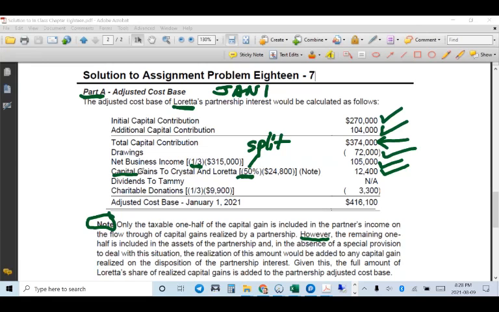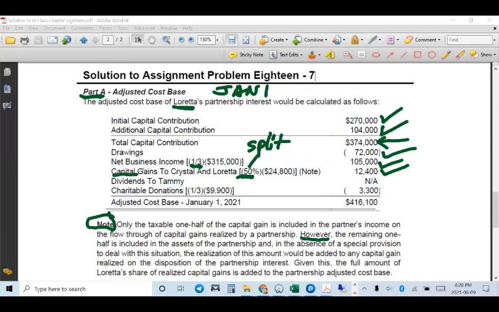We're only doing the split. Now, again, this is creating her cost base. So this is going to reduce her taxable amount when she sells it. So that other 50% of the capital gain that's not supposed to be taxable can stay in here. So that's what that's all about.